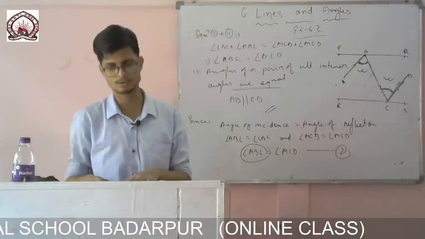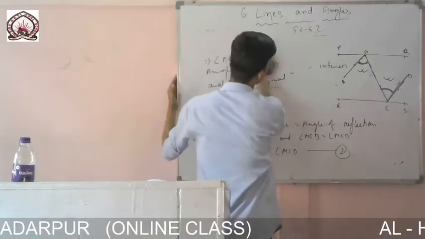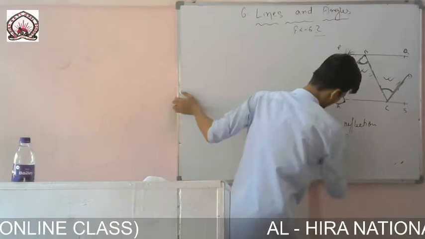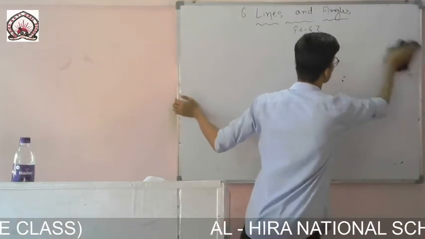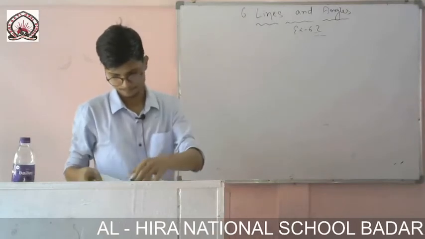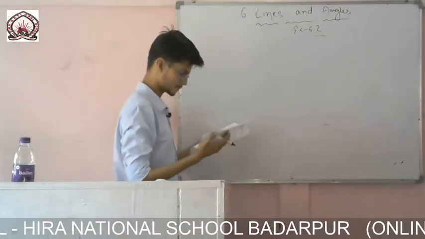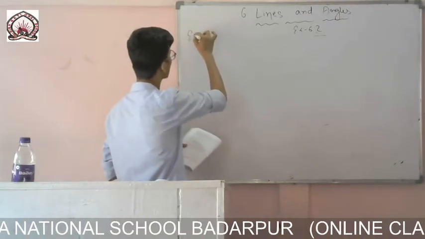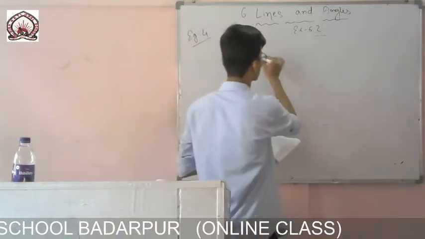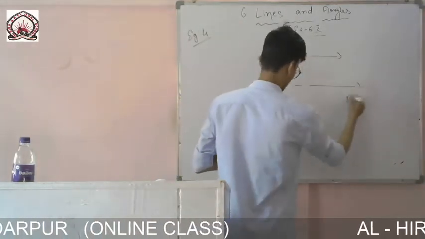I will just discuss. You see the question very carefully. It is done in your book very nicely. So see example number 4. In some books I have seen the figure is not there correctly.